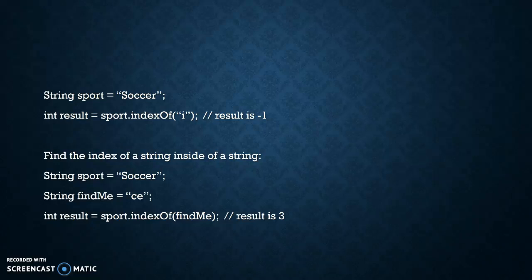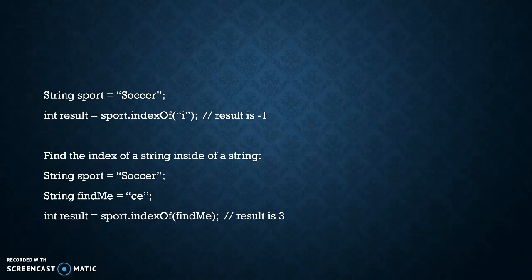You can also find the index of a string inside of a string. So I've got sport, which is of type String and has a value of soccer, and then findMe, which is of type String and has a value of "ce". So my assignment statement, I've got sport.indexOf(findMe).